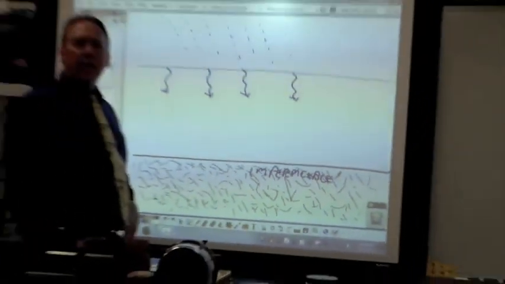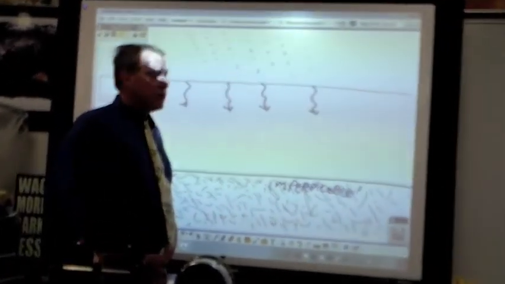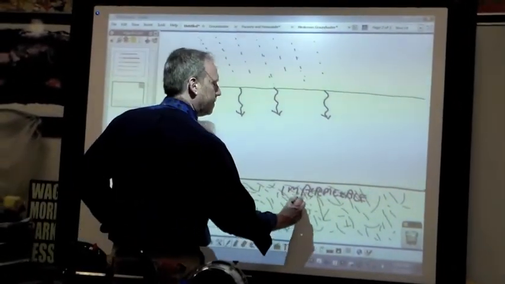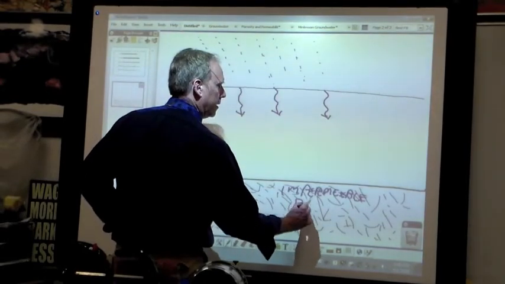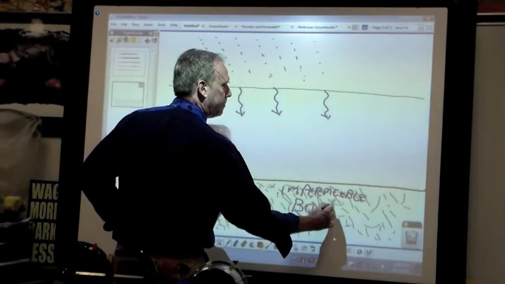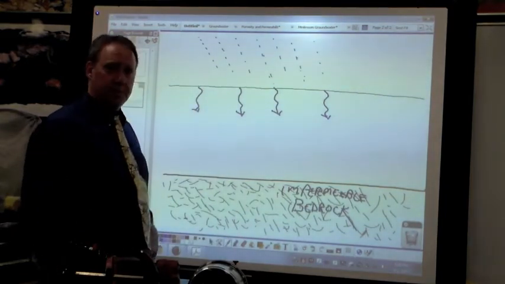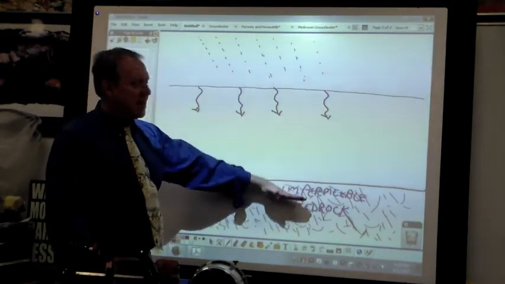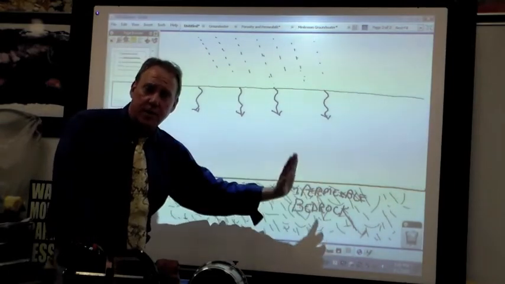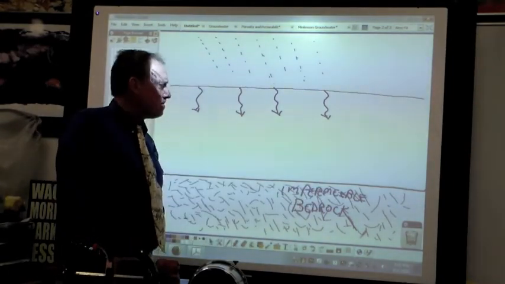The name of the rock layer beneath your feet that you will find eventually if you dig is known as the bedrock. Bedrock is usually impermeable, which means water cannot enter or penetrate this solid rock.